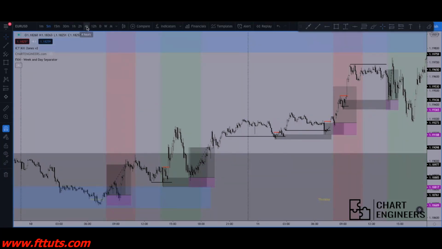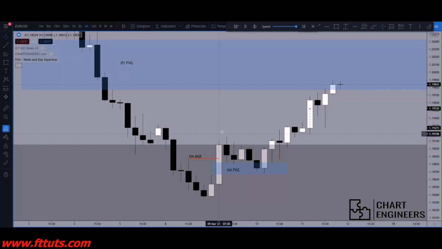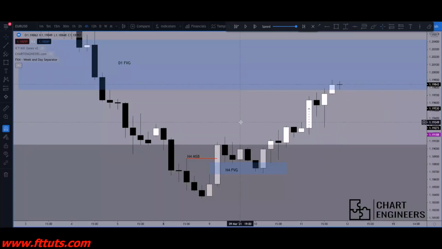So here you can see on the H4, we had the H4 market structure break here. We filled in the H4 fair value gap, and from this point we anticipated price to reach for the daily fair value gap. So all I do now is wait for M5 fractals to be created and enter within the London open session and New York open session.